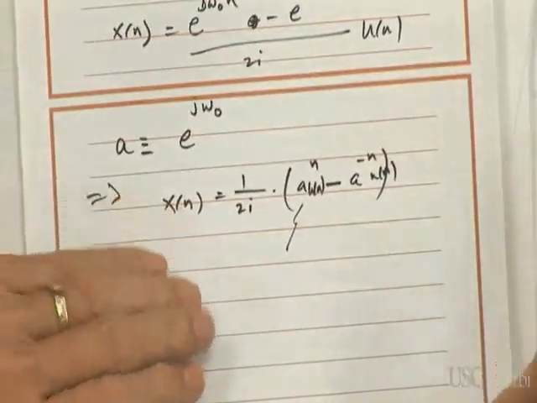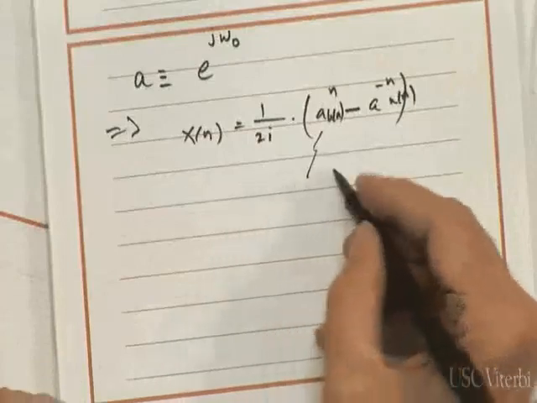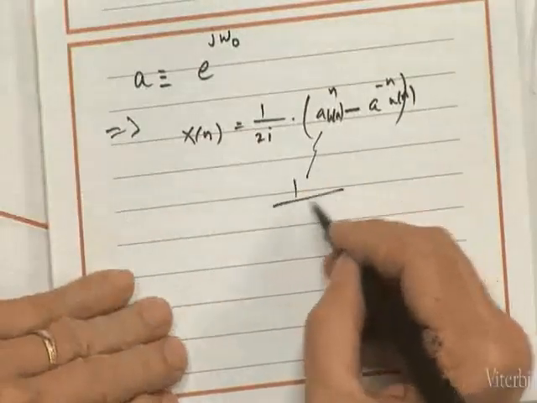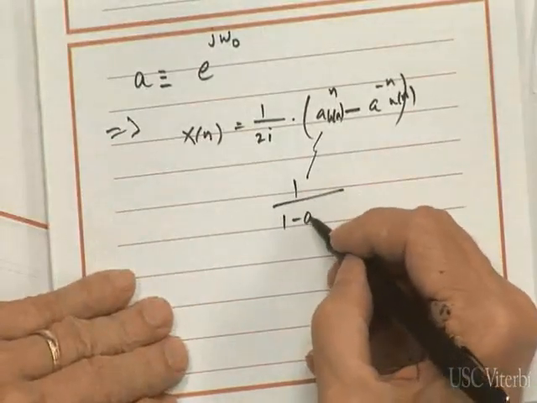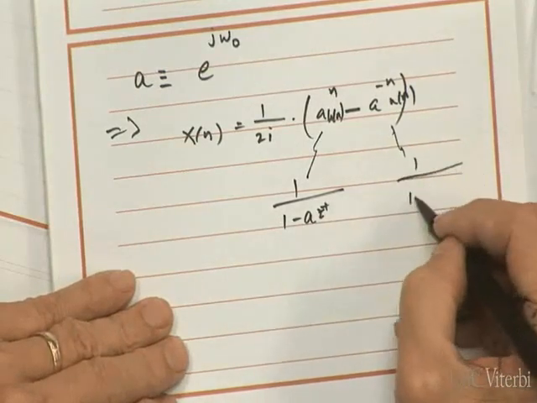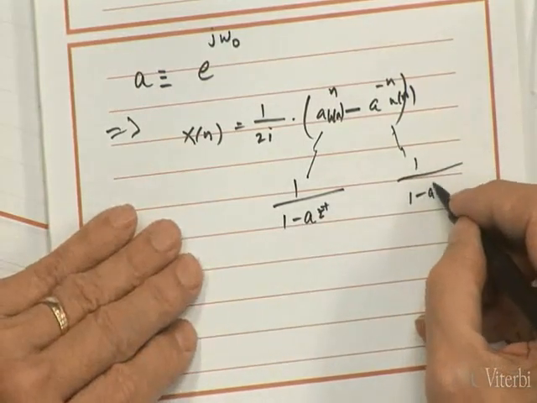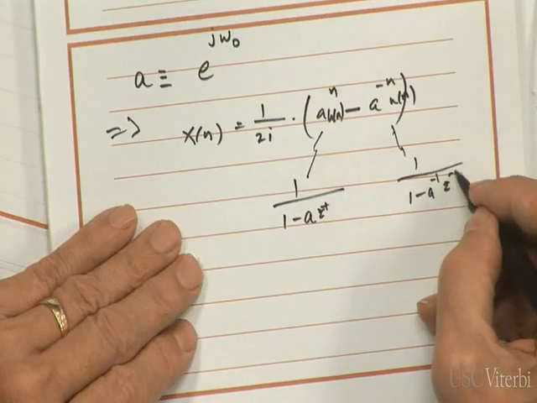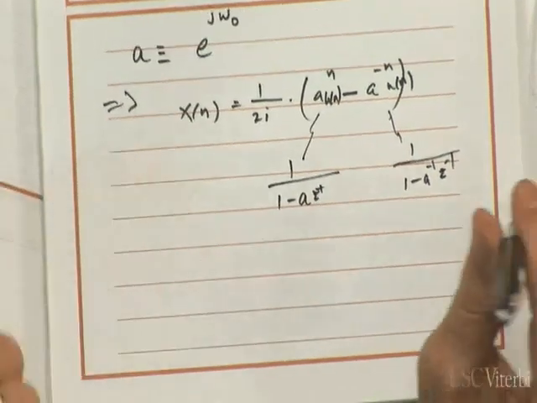And so you find in this case that this is 1 over 1 minus a z inverse, and this is also 1 over 1 minus a inverse z inverse. But here's the deal.